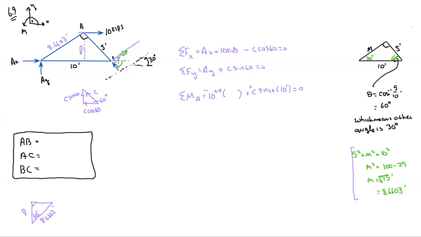I can get distance L: cosine of 60 degrees is equal to L divided by 8.6603 feet. Therefore, distance L is equal to 4.3302 feet, which is what's going to go right here.